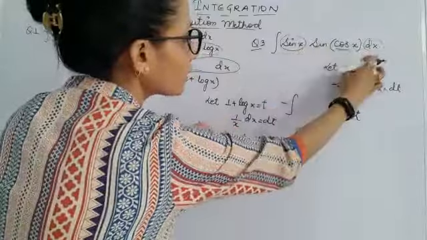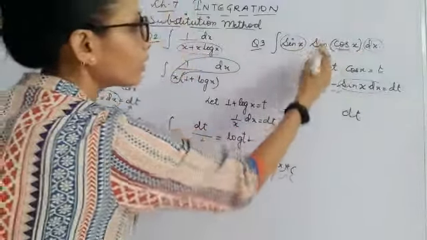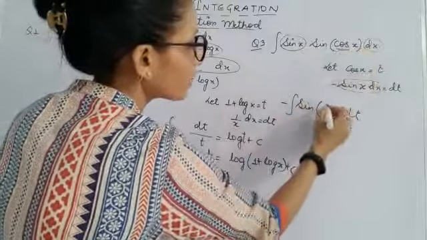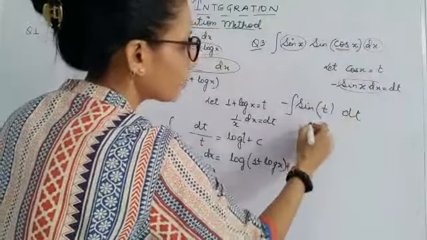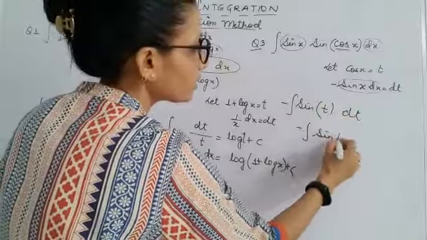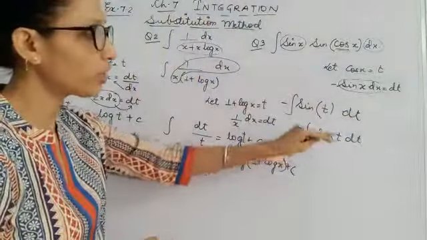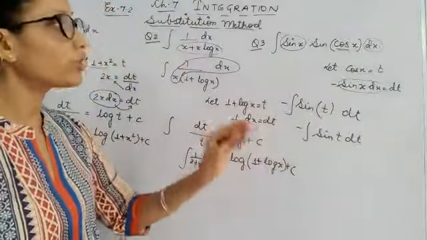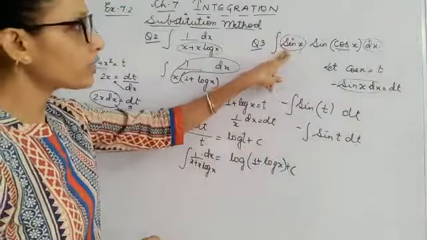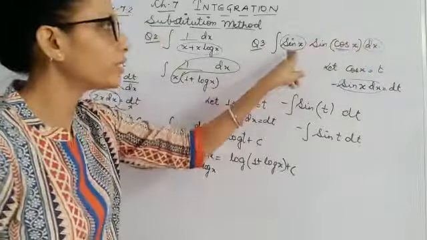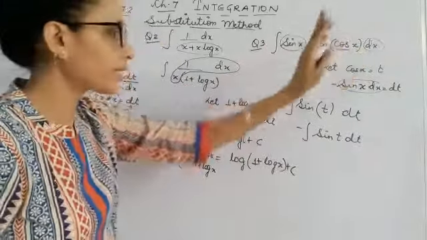In place of sine x dx, I have written minus dt. Here I will be getting sine, and in place of cos x, I will be writing t. Or simply I can write it as integration of sine t dt. Now my entire question has been changed into one variable. Children, always remember that this is the expression in the x variable, and that's why you were integrating with respect to x.